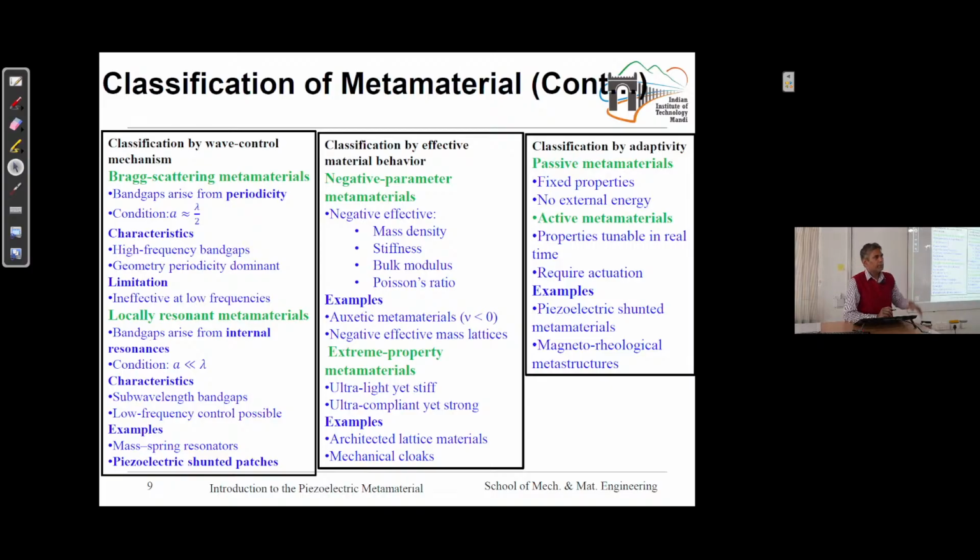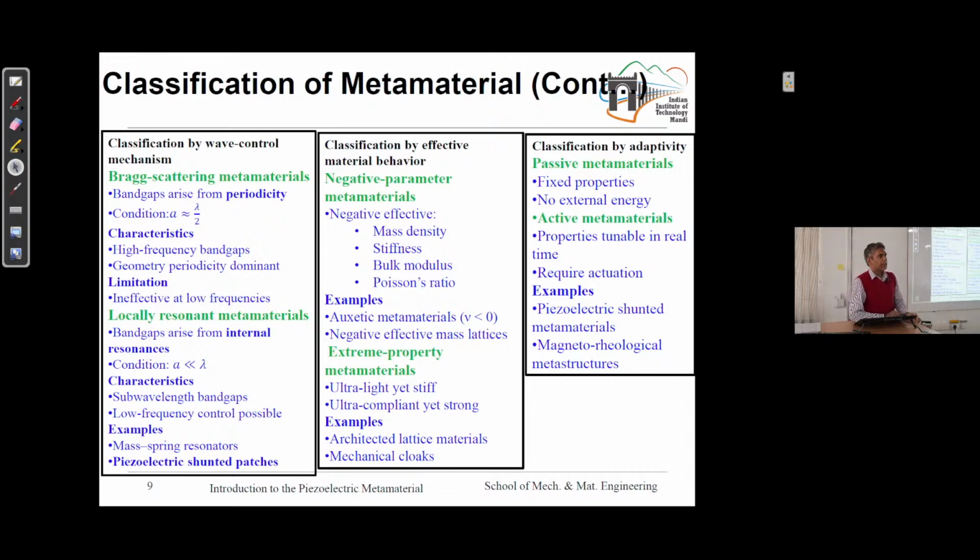It can be proved mathematically that if we have a structure that has periodicity, we can control the waves, or stop the waves. Of course, this is within some range of frequency, but that frequency range can be stopped. We will discuss how this can be done.